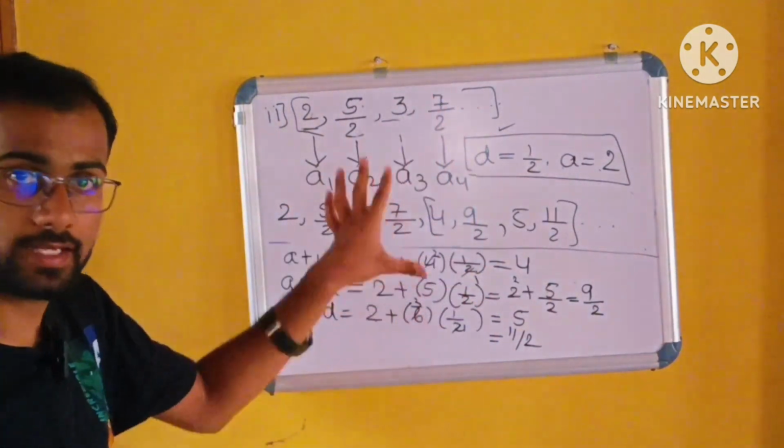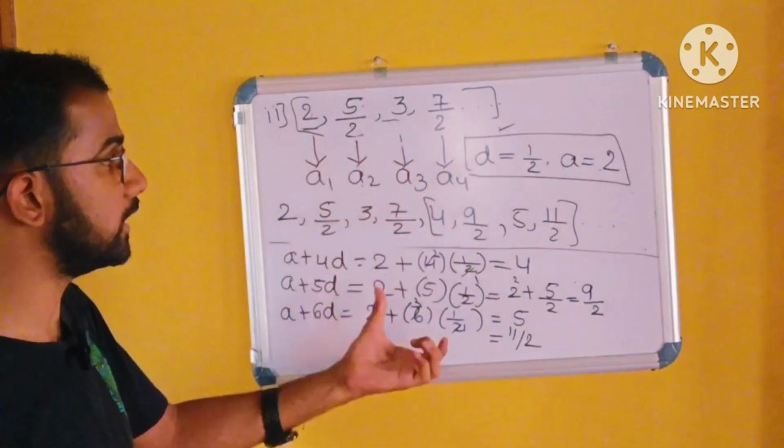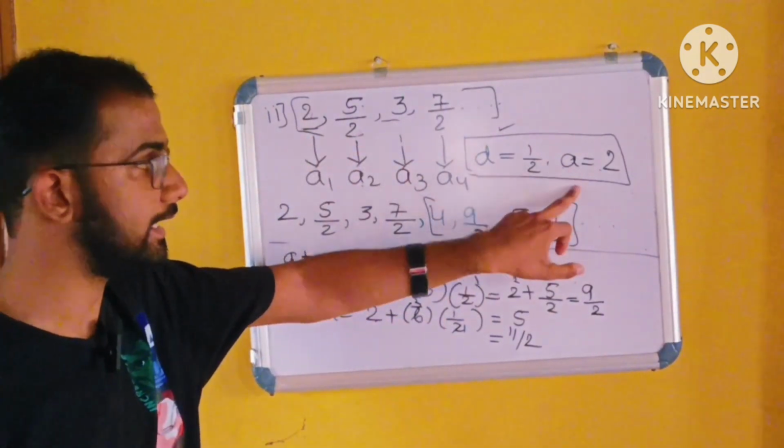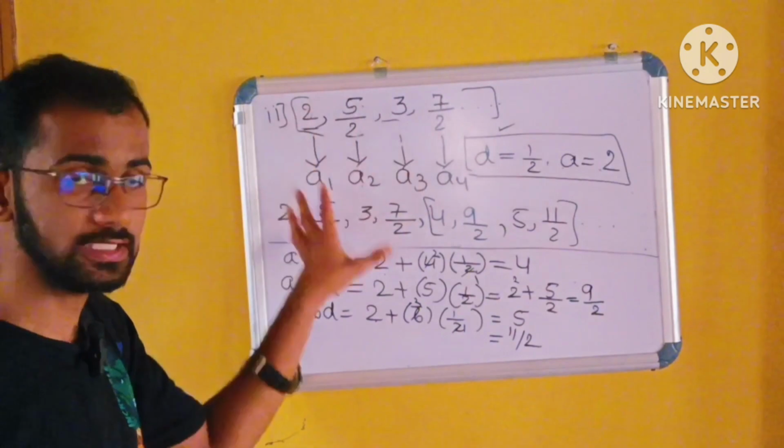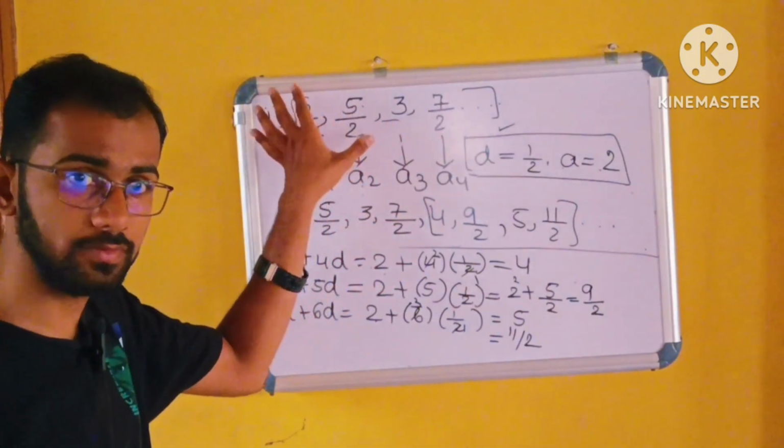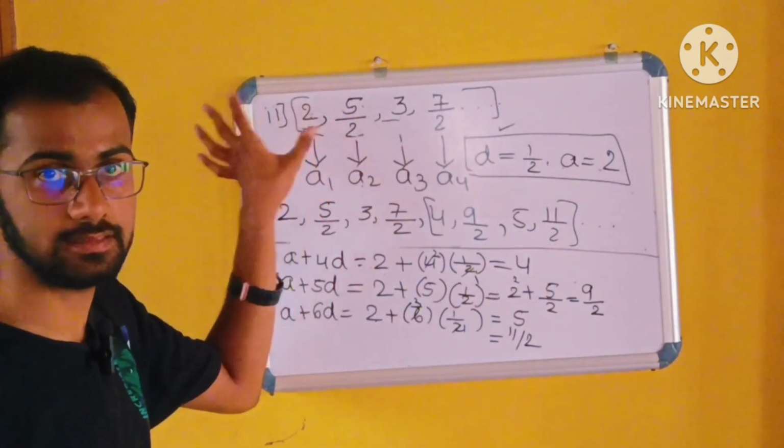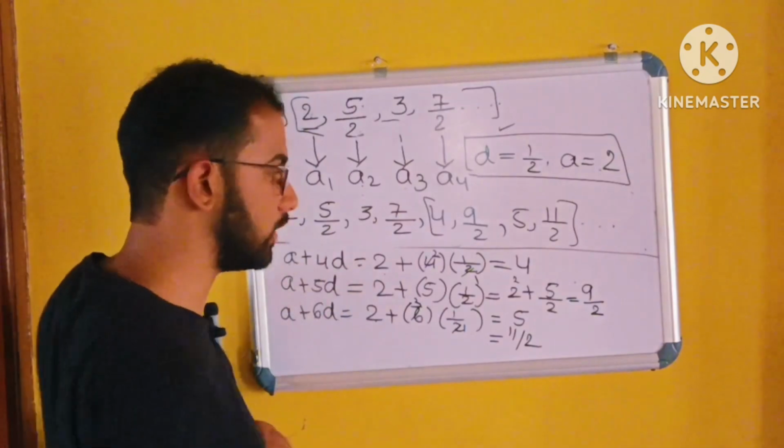This is how we can find the 4 terms, the common difference and A, and this is the procedure we know for how we can check whether the given sequence is in arithmetic progression or not.